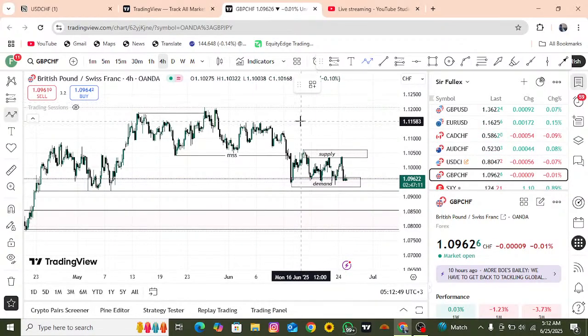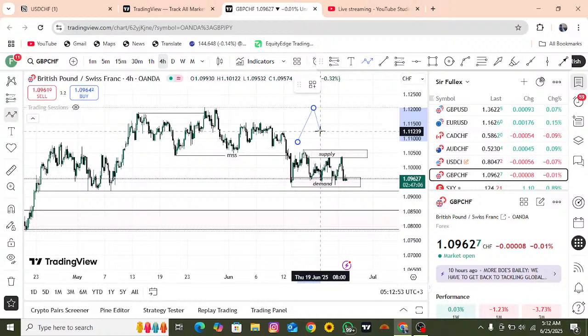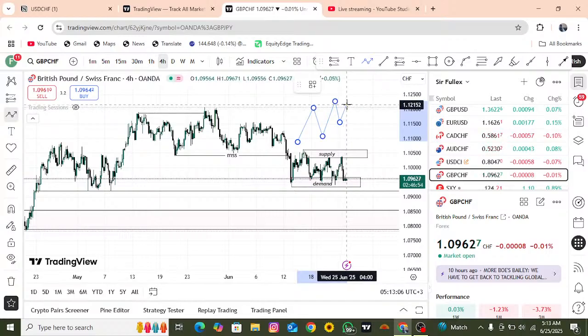When the market comes, you see it came like this, dropped down, then went up. It came down a little bit, induced buyers into buying, did not close above, and those buyers were taken out. The market changed character like that.